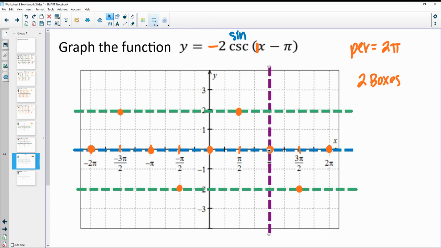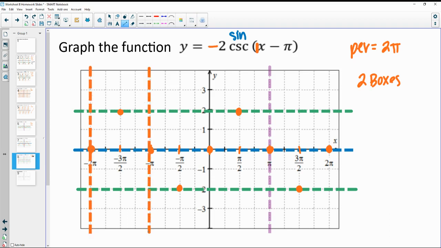Remember, we're doing the cosecant function. So we're going to want to do the reciprocal of those. And so the reciprocal of 0 is undefined. So the cosecant function is going to have asymptotes at all of these points where sine was at its middle.